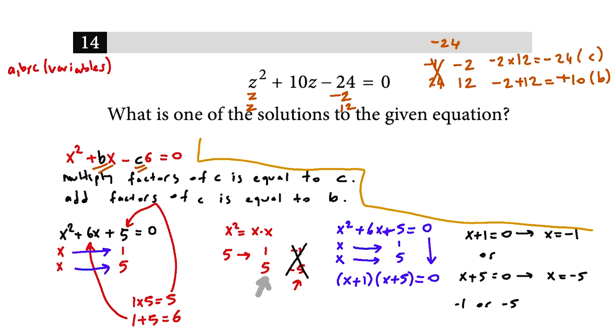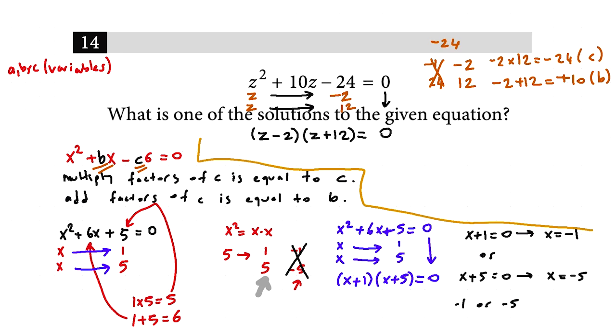The next step is to write them correctly. You're going to write horizontally. It's important. It's going to be z minus 2 times z plus 12 is equal to 0. I just bring this 0 down.